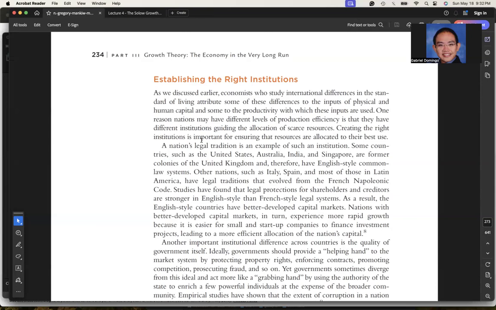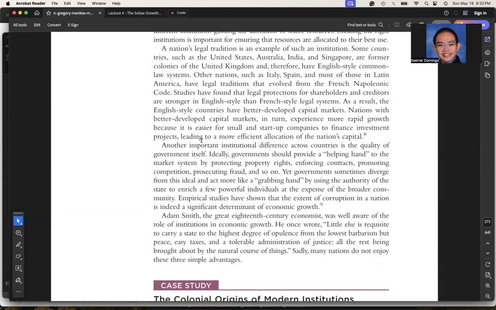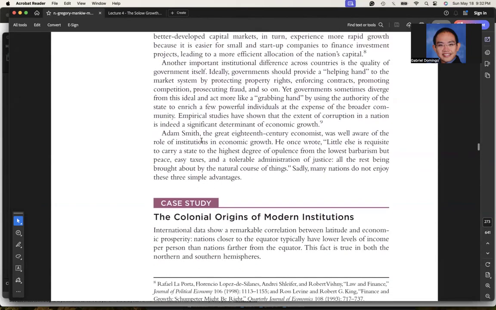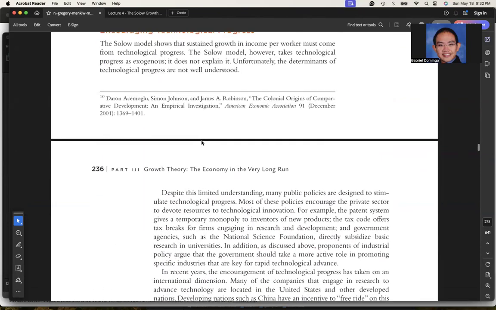Okay. So there's a huge literature here as well, but I'm not going to focus too much on that, other than the fact that institutions have been found as a possible long-run source for the differences in GDP per capita, or the long-run source of differences in TFP, total factor productivity. So encouraging technological progress.